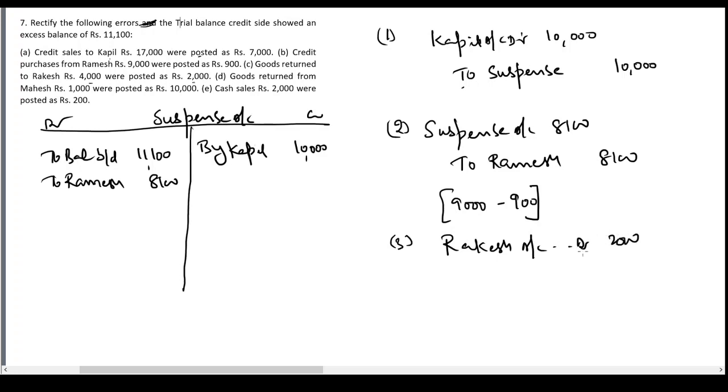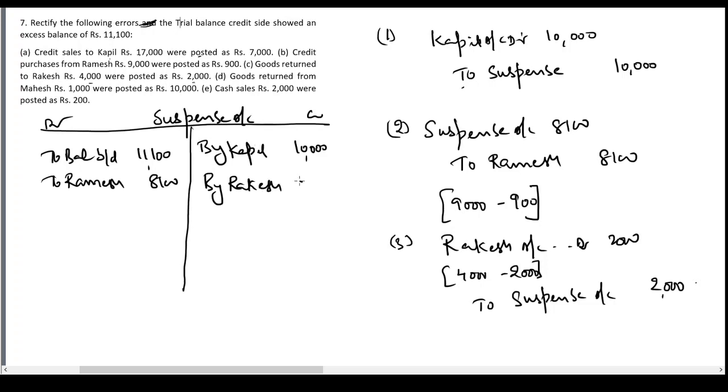Why am I debiting 2,000? 4,000 should have been debited, but to his account I have posted only 2,000. And I'll not credit purchase returns, I'll credit suspense, because the problem is not telling us that there was an error in recording the transaction in the purchase book. There was an error only when it was posted to Rakesh account. Okay. Suspense account will be again credited by Rakesh 2,000.